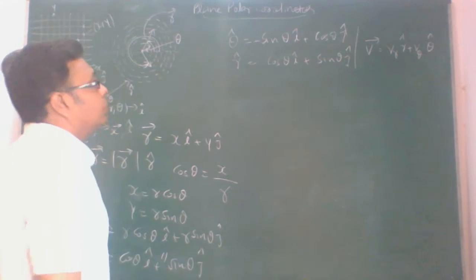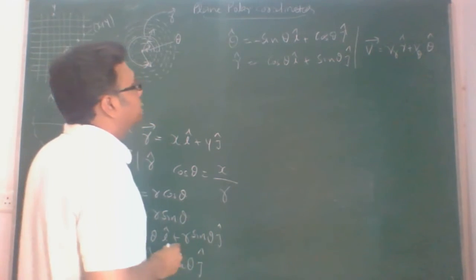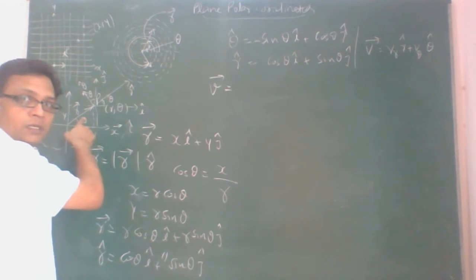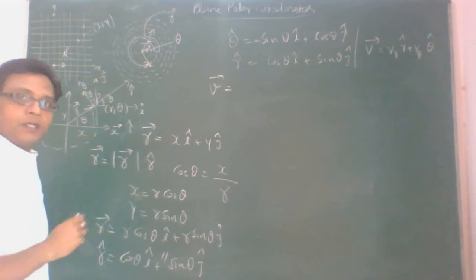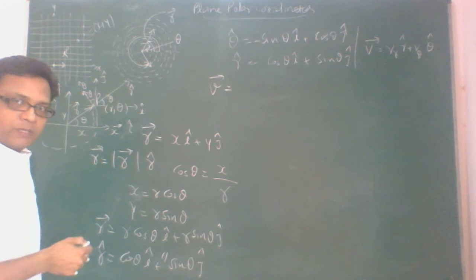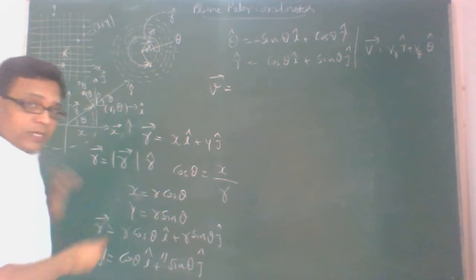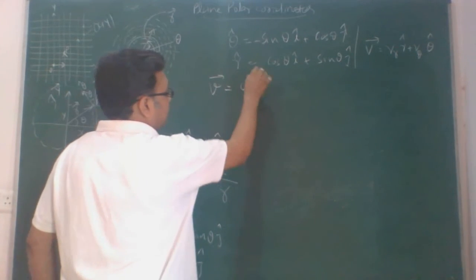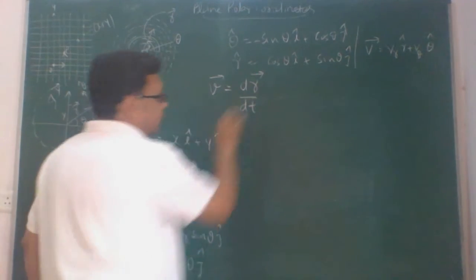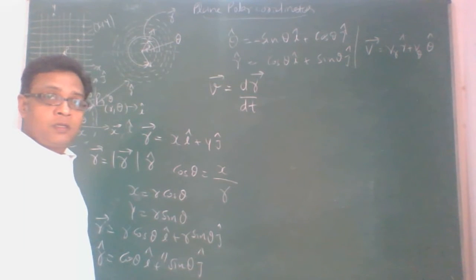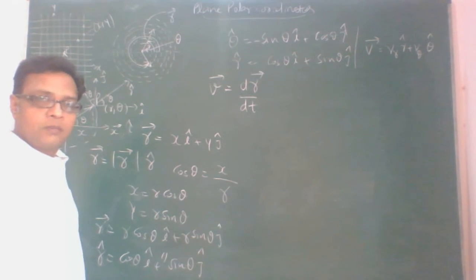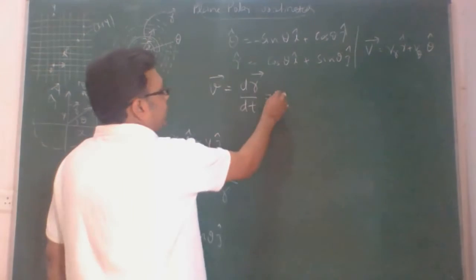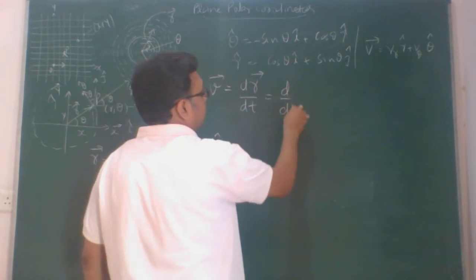So, for this so-called particle P, which is now moving in the r theta plane, not in the Cartesian plane, how do I write velocity? It's very easy. This is the rate at which the radial displacement is changing. So how do I expand it further?